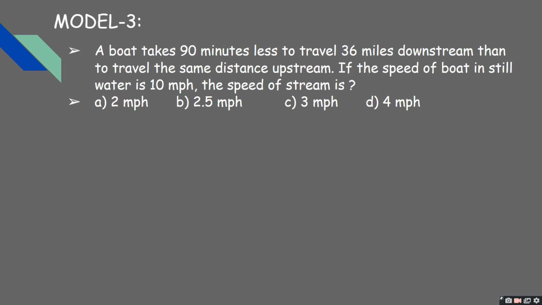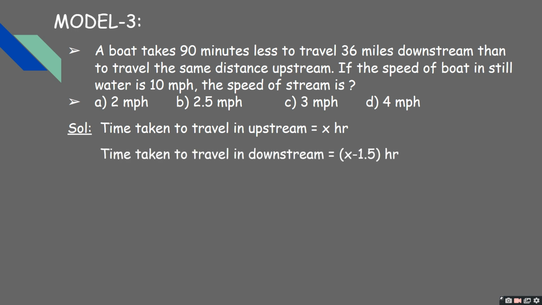So, let the time taken to travel upstream be x hours. Similarly, time taken to travel downstream is x minus 1.5 hour. Because in the question, it is given that the time taken to travel downstream is 90 minutes less than upstream. Hence, it is x minus 1.5 hour.